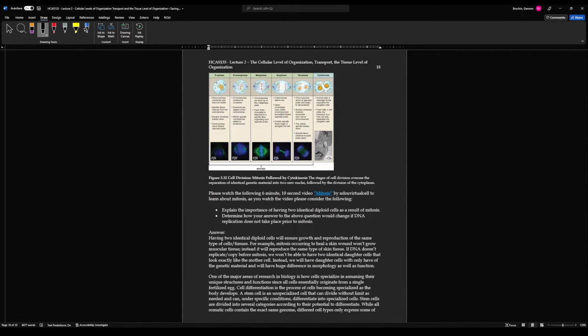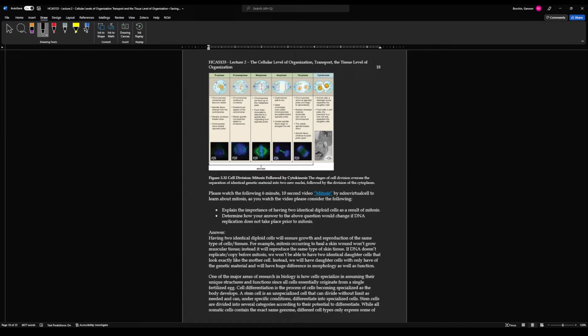Now, for actual mitosis, mitosis really is 5 phases. So with prophase, we really see the cell start to prepare, right? The chromosomes start to do what's called condensing, and the spindles will start to form.